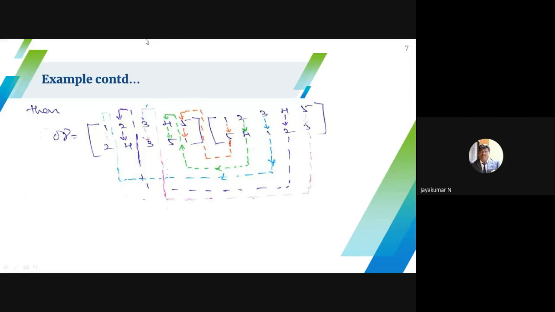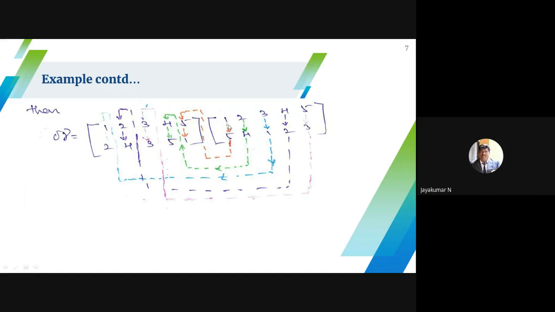So first you have to find the image of 1 in gamma. This is sigma, this is gamma. The image of 1 in gamma is 5. Next I find the image of 5 in sigma, which is 1.